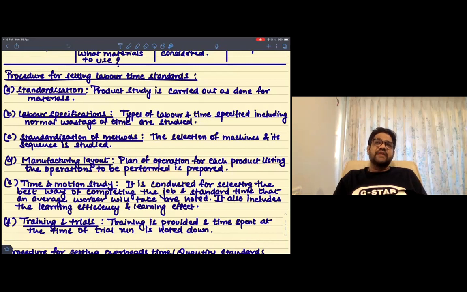Because every product is different, automatically the kind of work required is also different, which is why a manufacturing layout is done. And then we have time and motion studies. Time and motion studies basically are to understand how much time is required to complete the product, and how much effort will be required in completing the product.